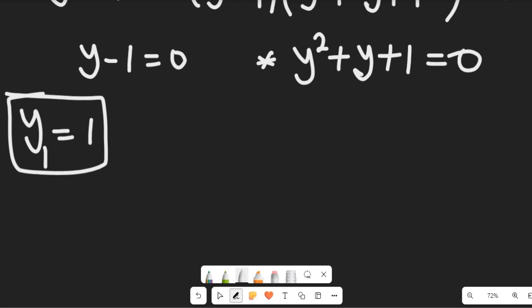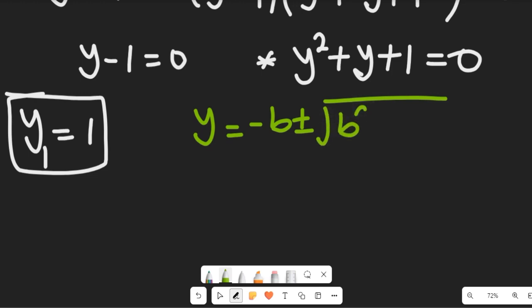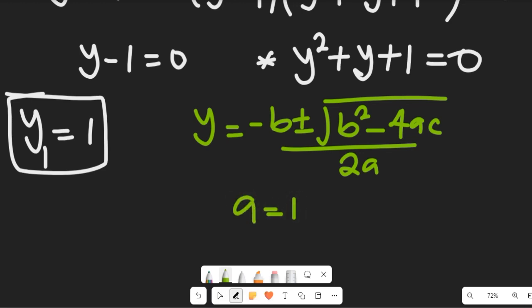So from this expression, using the quadratic formula, y equal to minus b plus or minus square root of b square minus 4ac divided by 2a, we can find the value of y. So here we can see that a is equal to 1, b is equal to 1, and c is equal to 1.